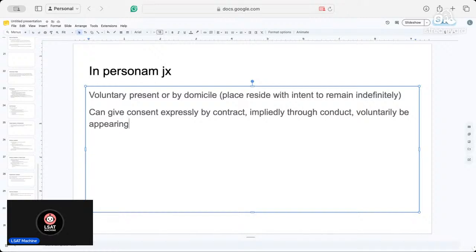So, some states have the ability to exercise jurisdiction over people who are out of state. Let's say you have some type of car accident or roller coaster accident, something in a state that you don't live in.